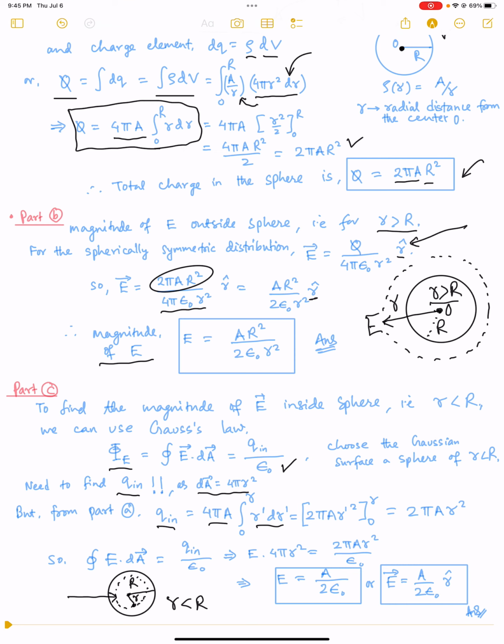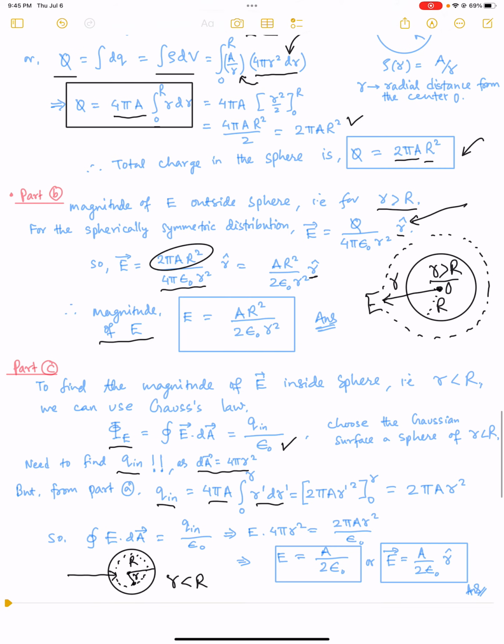You can use this formula, just replace q by q in, and everything will be similar, but the limit is from 0 to r, obviously, because the charge enclosed inside the Gaussian surface goes from 0 to r.